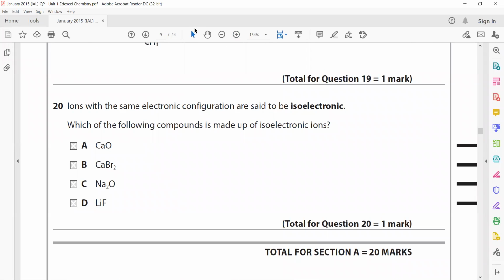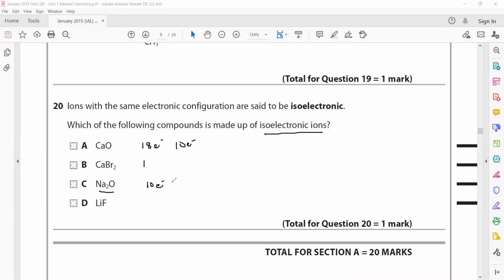Ions with the same electronic configuration are said to be isoelectronic. Which of the following compounds is made of isoelectronic ions? So calcium, it's 20, but when it loses electrons, it will be 18. And oxygen is 8, but when it gains electrons, it will be 10. But when we check sodium oxide, sodium having 11 lost electrons, so it will be 10.